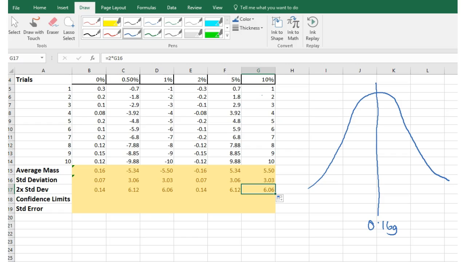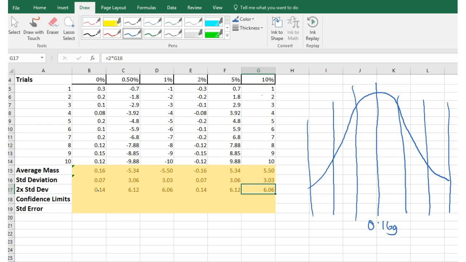Okay? Now, once you've got those standard deviations, I'm just going to get you to write out your confidence limits. Now, remember, here we've got a picture of the spread of your data. If I break this up into the 6 on the top and the 6 on the bottom, and yes, it's not a fantastic drawing, each one of these is a standard deviation.